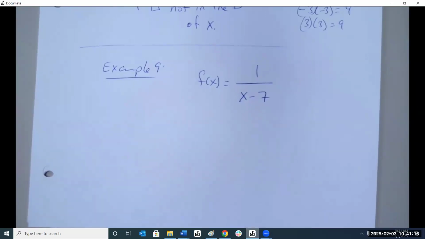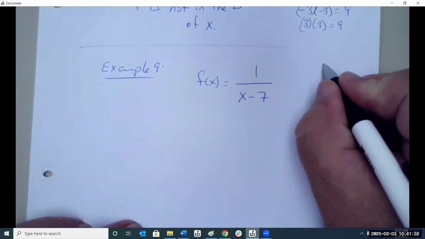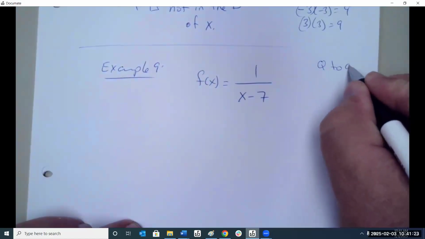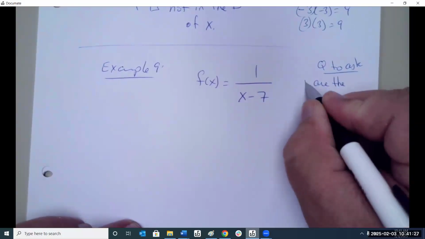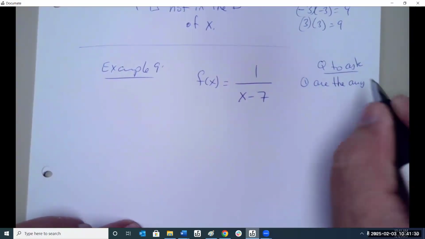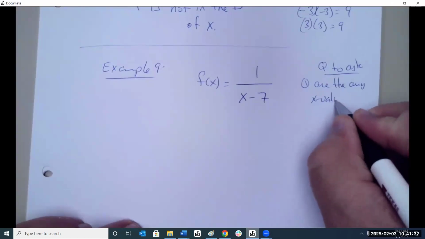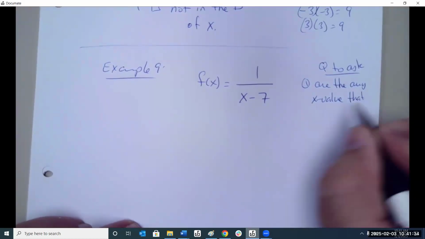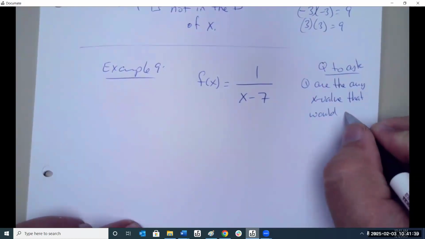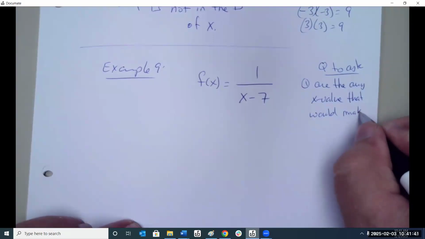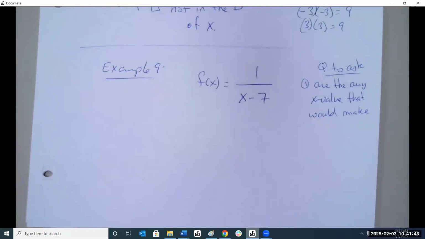What's the domain of this one? Whenever you're asked a domain, there are questions to ask. Here's the first one. Are there any x values that would make, what can we not have in a fraction?